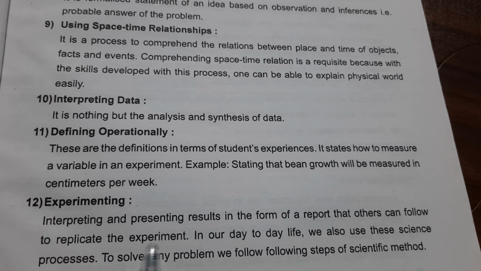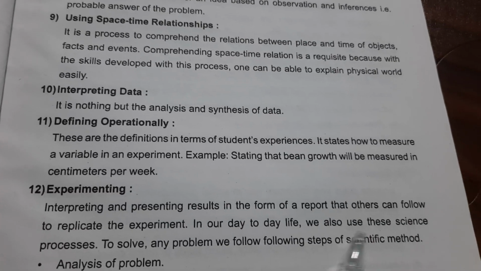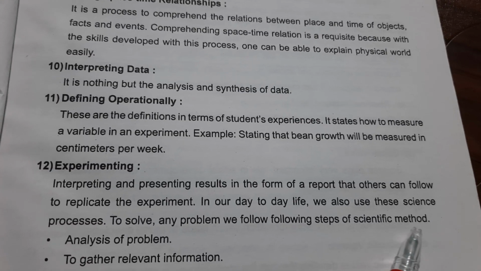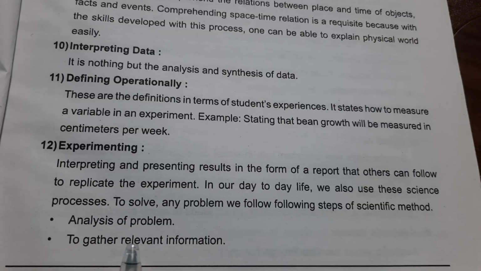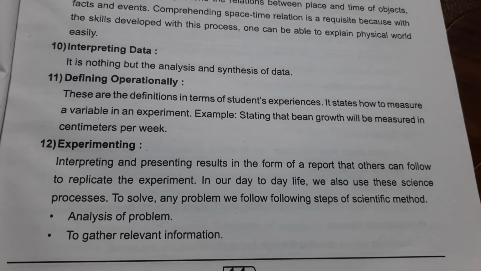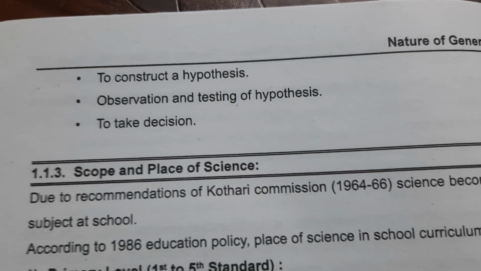To replicate the experiment in our day-to-day life, we also use this science process to solve any problem. We follow the following steps of scientific method, like analysis of problems to gather relevant information. Next, let me turn the page for more notes, continuation of the notes.